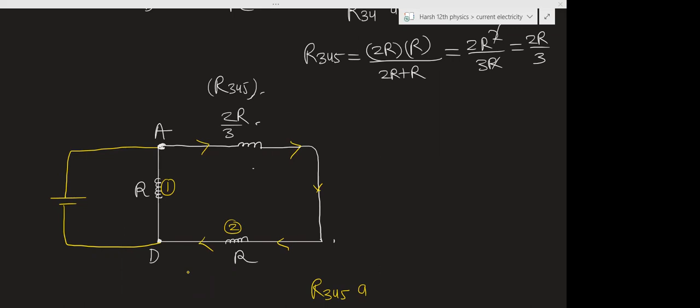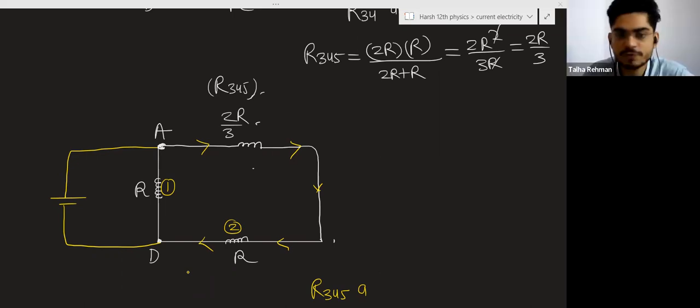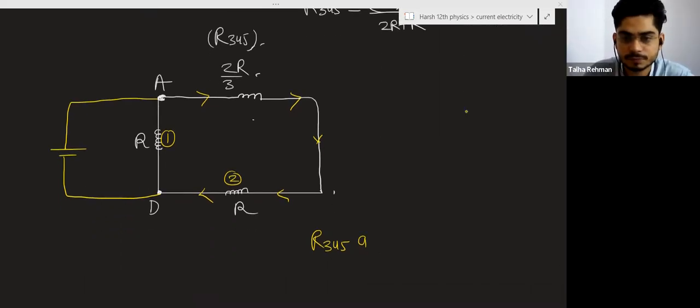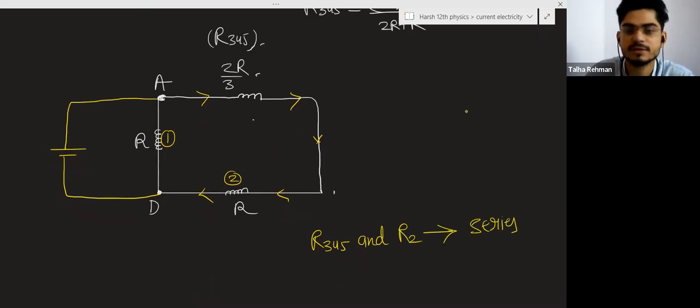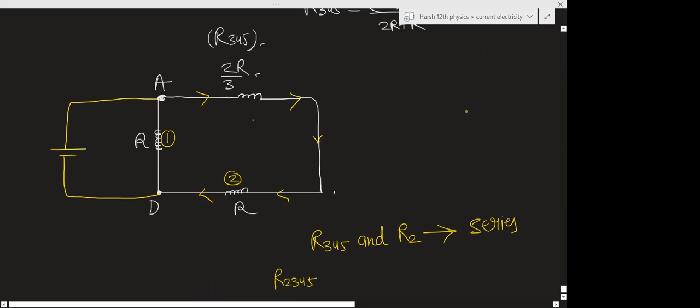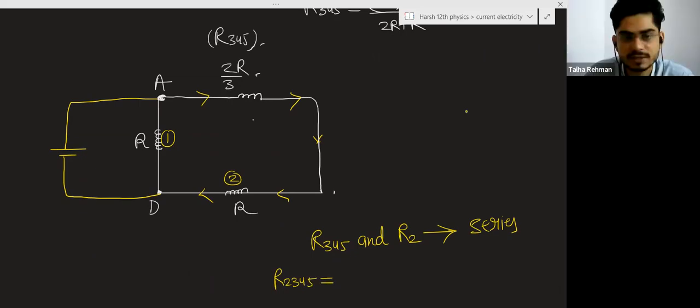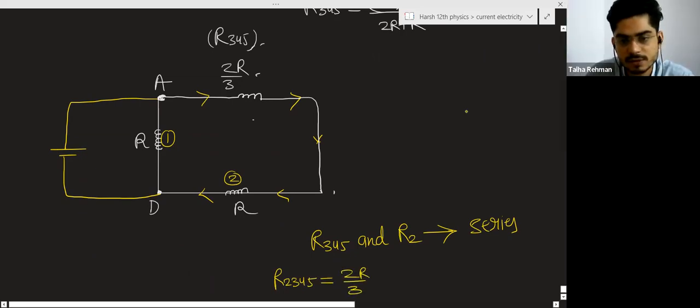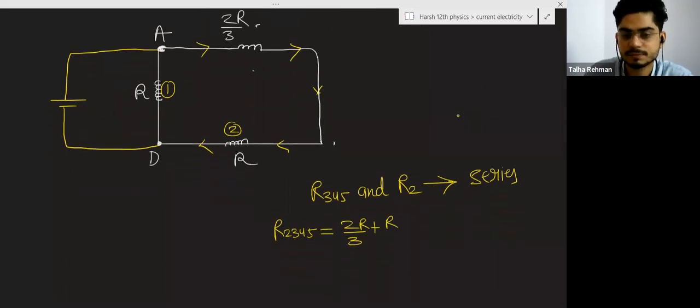Yes, sir. So this R3, R4, R5 and R2 are in series because of the same wire. So we can find R2, 3, 4, 5. In series, we will add the resistances: 2R by 3 plus R. Take the LCM.